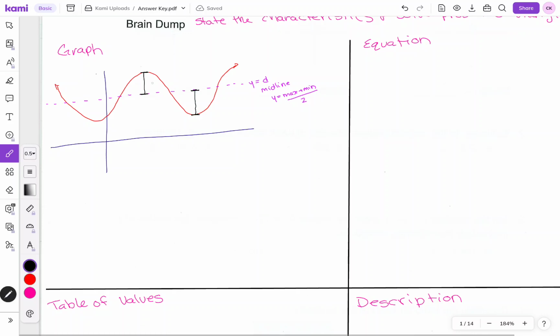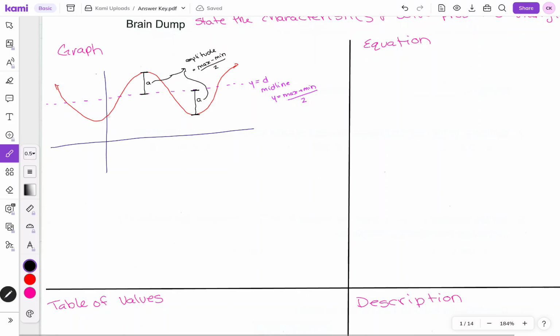These should be the same. So make sure you are measuring and checking with your graph. A couple of you had an amplitude that didn't get you to the midline on both sides with your quiz. So this is our amplitude, and we can get it by going max minus min divided by 2.